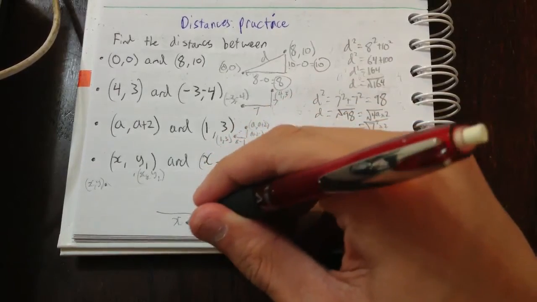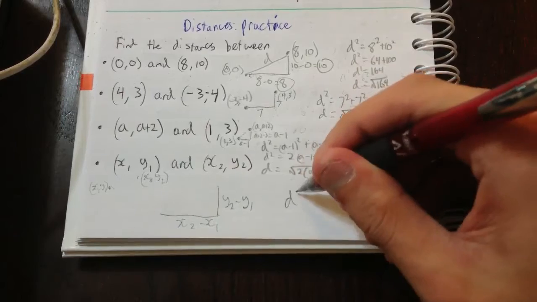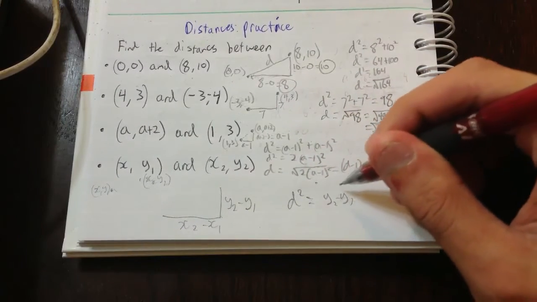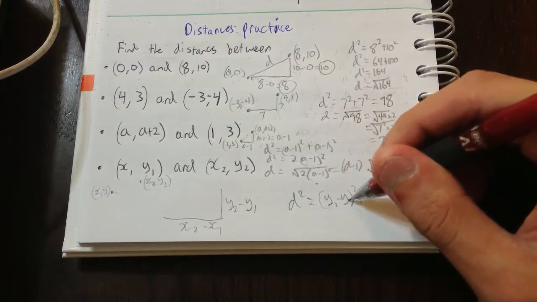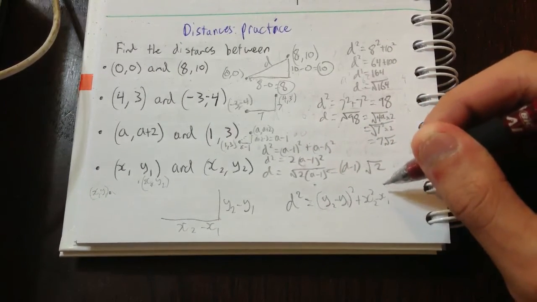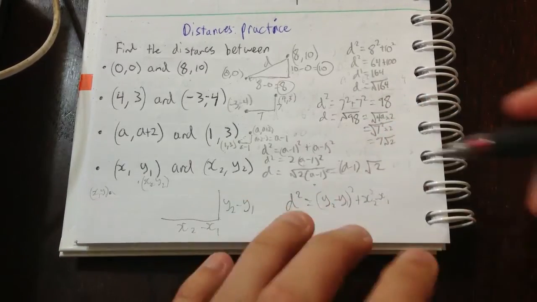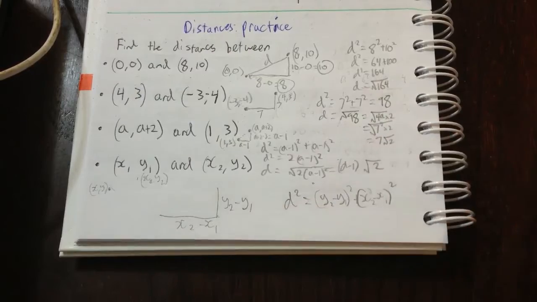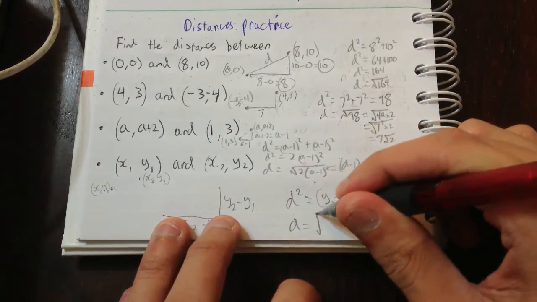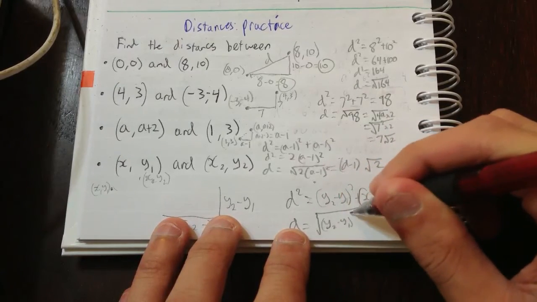The difference is x2 minus x1. So our distance squared equals y2 minus y1 all squared plus x2 minus x1 squared. Okay, so distance equals the square root of that.